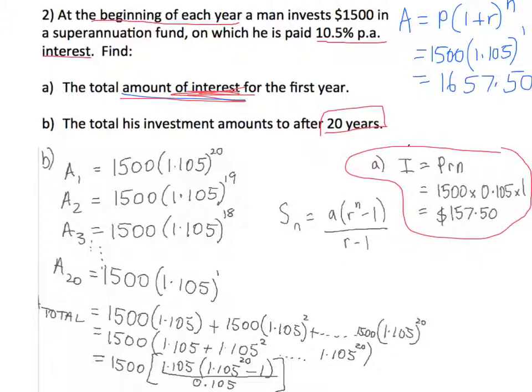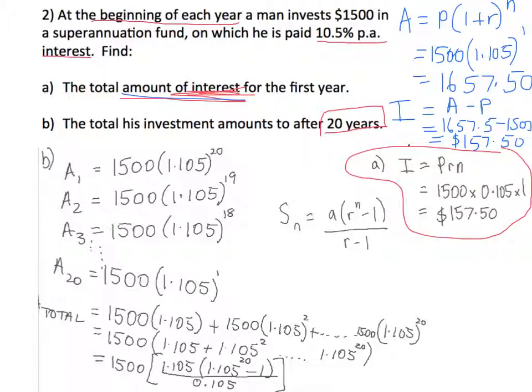That's the amount including the principal and the interest. To work out the interest, we subtract the principal: 1657.5 minus 1,500, and you get the same amount of interest as with the simple interest formula, $157.50. So that's just another way of working out the amount of interest.